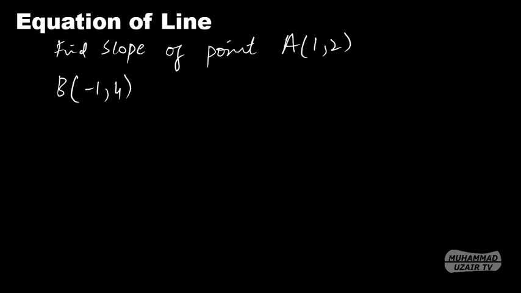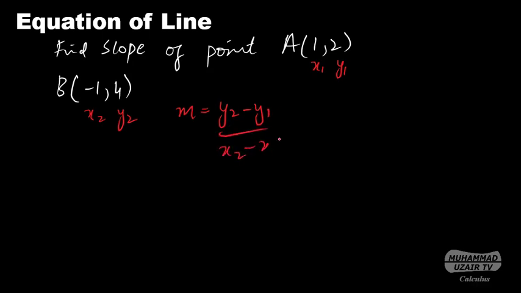So let's suppose this is first point, so this is x1, this will be y1, the second will be x2, and this will be y2. As we know that m is equal to y2 minus y1 whole divided by x2 minus x1.